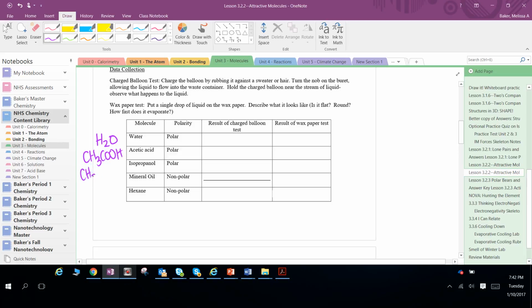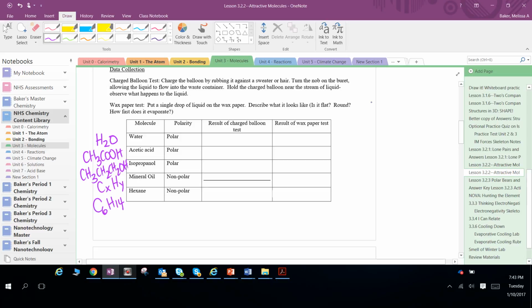There's isopropanol, which is CH3CH2CH2OH. There's mineral oil, which is a long chain of just carbons and hydrogens. And then there's hexane, which is C6H14. We'll look back at these at the end and see if we notice any patterns.